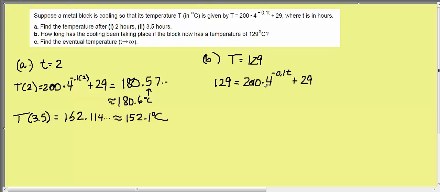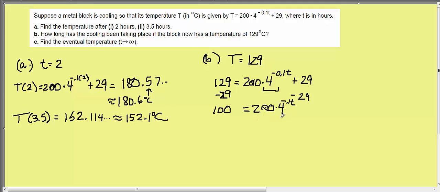We are trying to get this 4 raised to the negative 0.1 t by itself. We have to do the order of operations. Namely, we have to subtract by 29 first. So I'll have 100 is 200 times 4 raised to the negative 0.1 t.